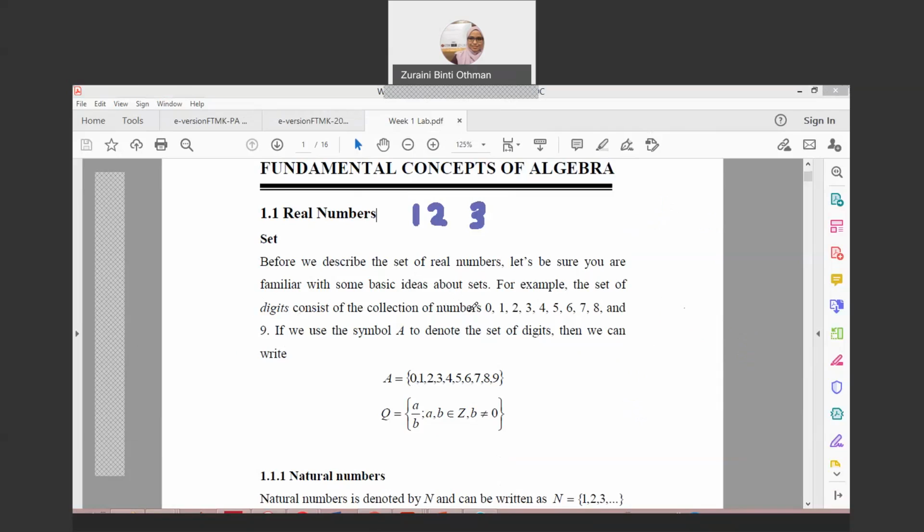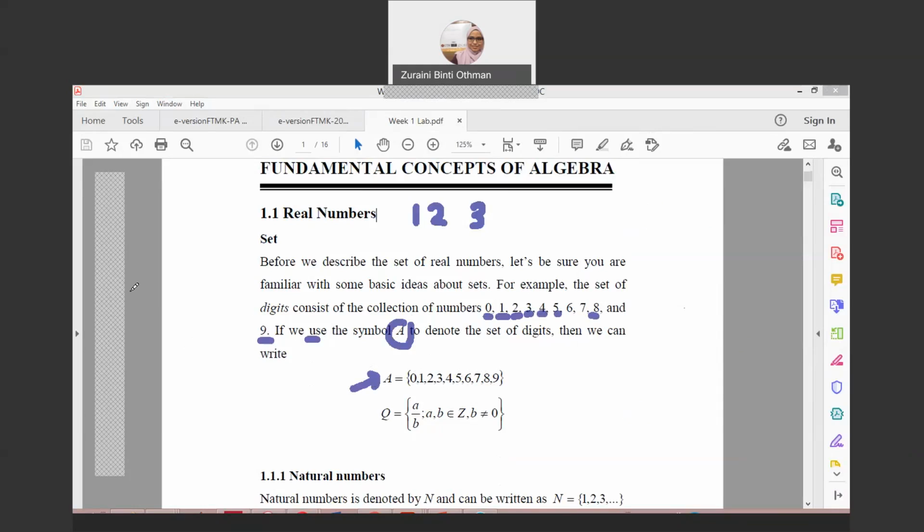So in real number, for example, the set of digit, the collection of number: 0, 1, 2, 3, 4, 5, 6, 7, 8 and 9. If we use the symbol A to denote the set of digit, then we can write, dalam set A, kita boleh tulis 0, 1, 2, 3, 4, 5, 6, 7, 8, 9.